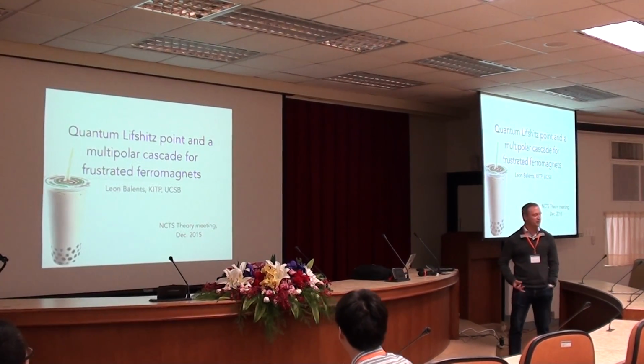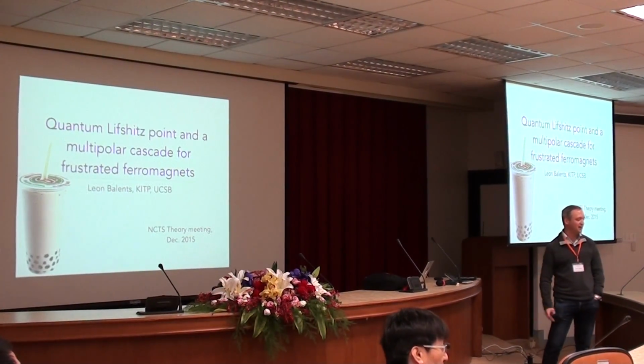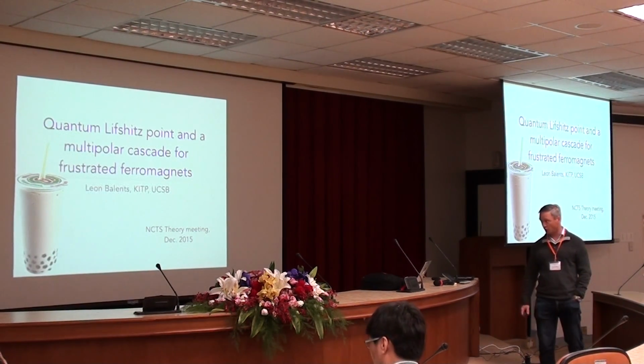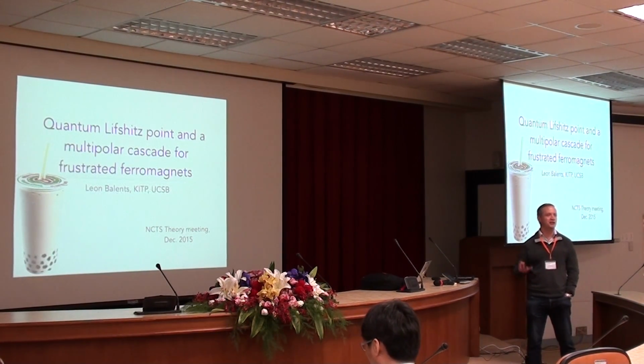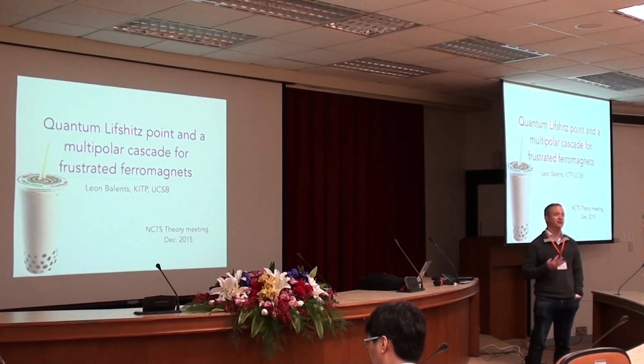I definitely enjoyed yesterday. There were a lot of really interesting talks about correlated electrons and cold atoms, topological phenomena. This talk is going to be a bit different. I'm going to be talking really entirely about magnetism in insulators.